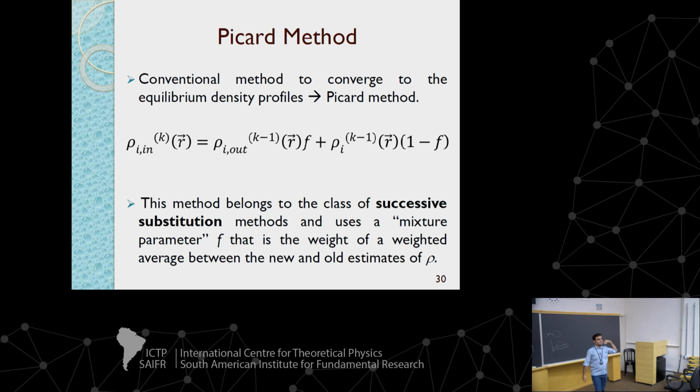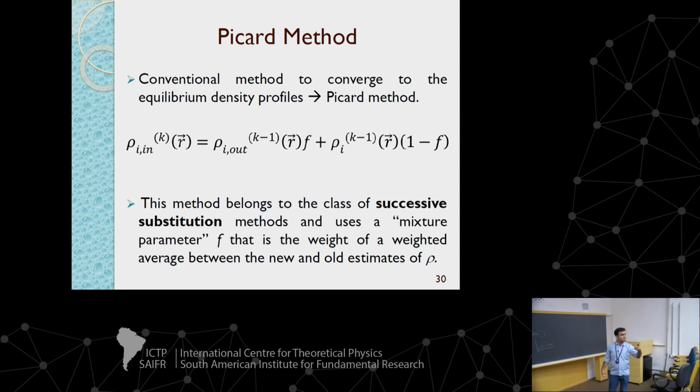If you use 0.5, you are considering both. So you can adjust this parameter in order to have convergence. If you use too low a parameter, the method is very slow. It takes a long time to be solved. But on the other hand, if you use a very high parameter, you usually don't get convergence. Okay.